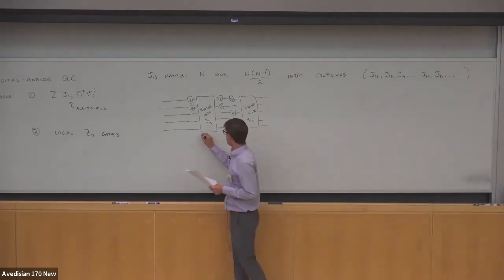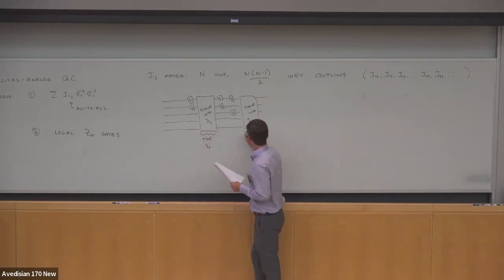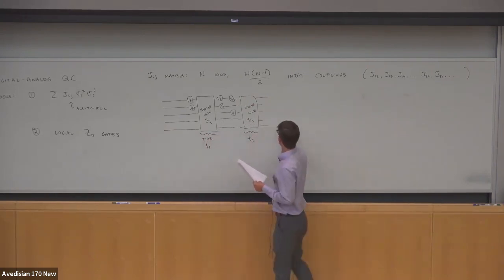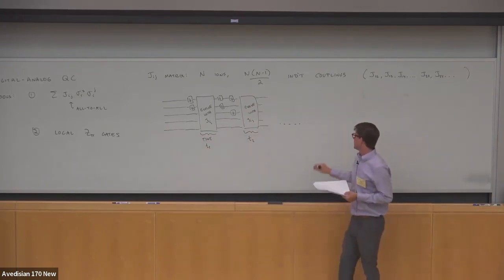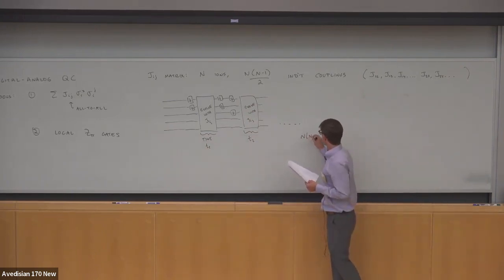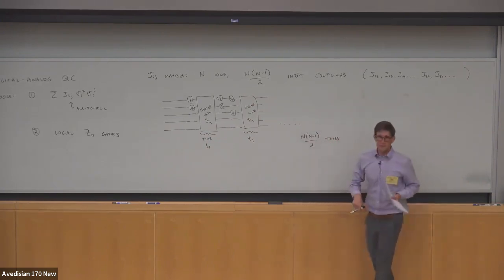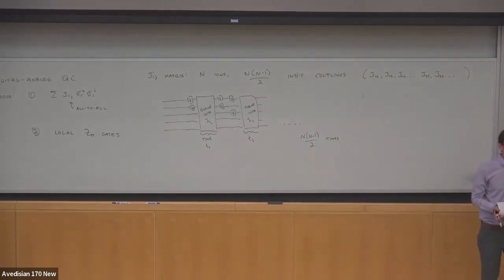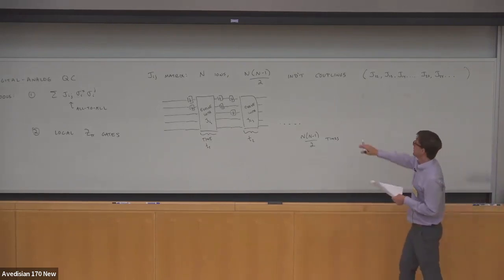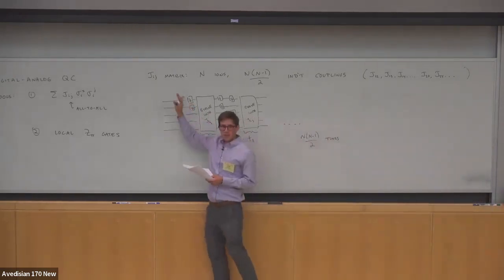The key here is that you evolve here for a time T1, evolve here for a time T2, and so on. And you do this for n times n minus 1 over 2 times. That gives you enough degrees of freedom to specify all n times n minus 1 over 2 elements in the Jij matrix.